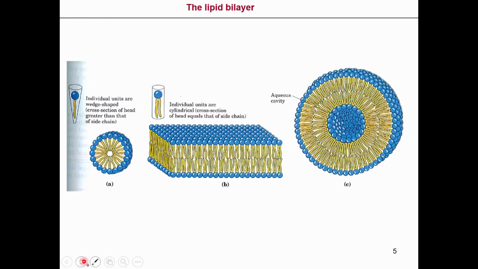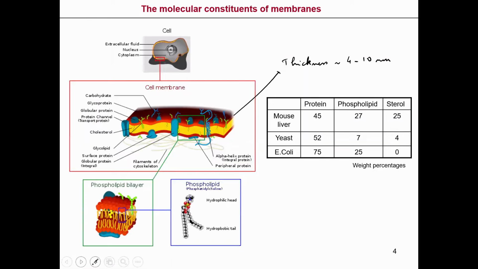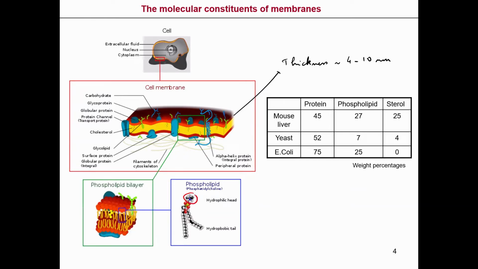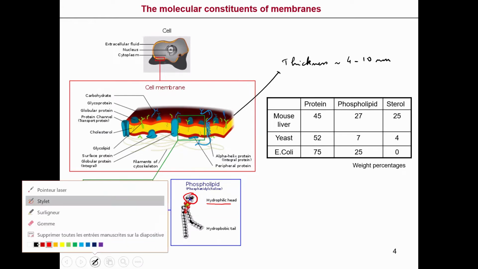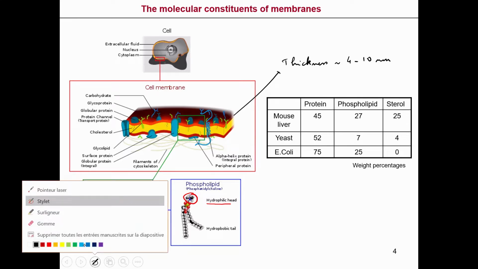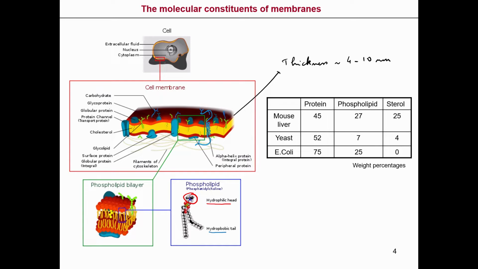So the phospholipid is like this. You have a hydrophilic head, and you have a hydrophobic tail, which is made by the carbon chain of the phospholipid.